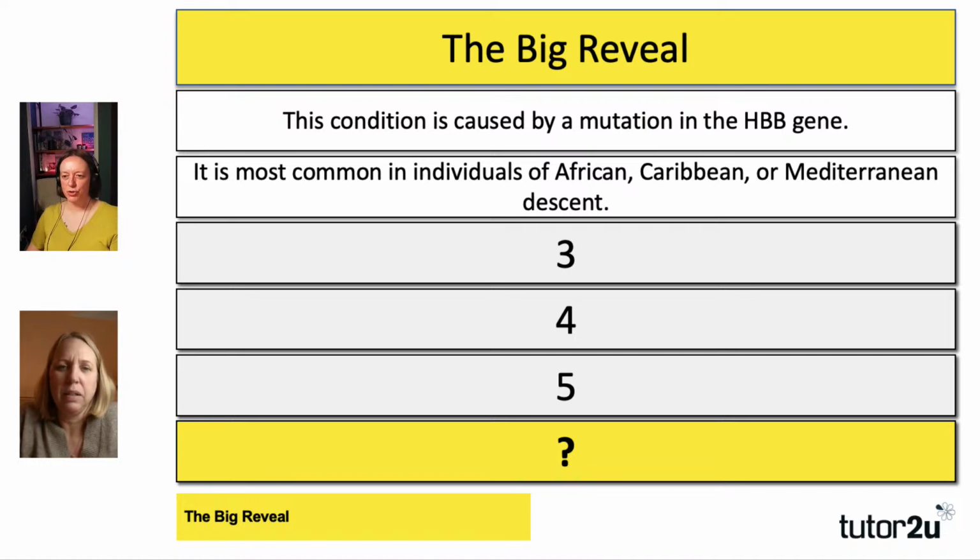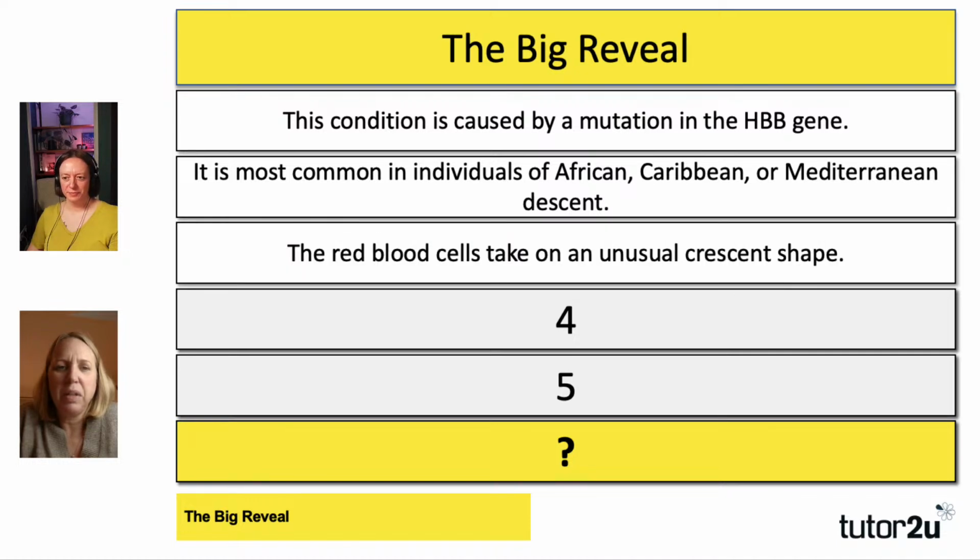I think that's a very strong clue for this one. Let's see if anyone at home can get it from this one. They're a little bit delayed. Yeah, give people a second. Okay, my life has said sickle cell. Straight in. Anyone else? Should we go for the next clue?